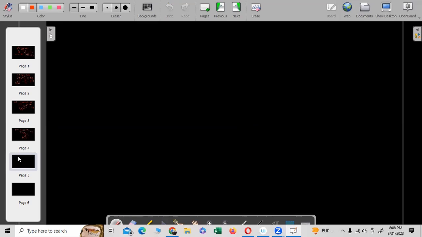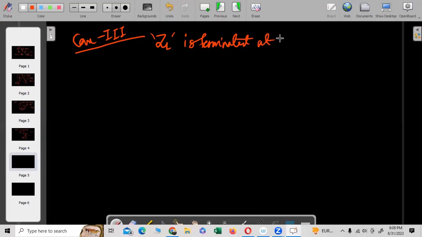Third case: let's say the load is terminated at an ideal reactance. Ideal reactance means ZL is jX, some pure reactance.